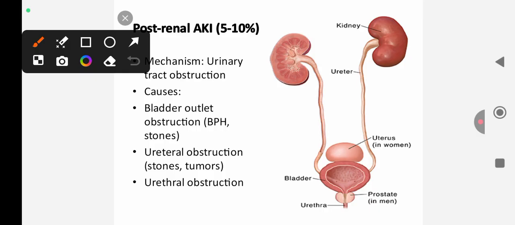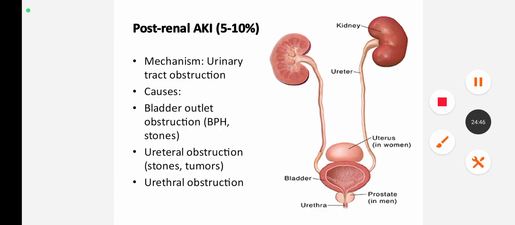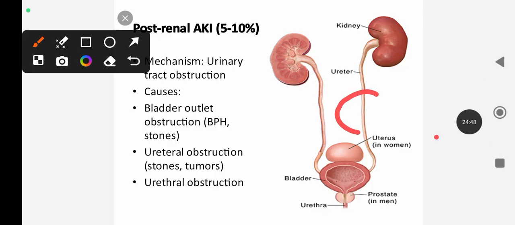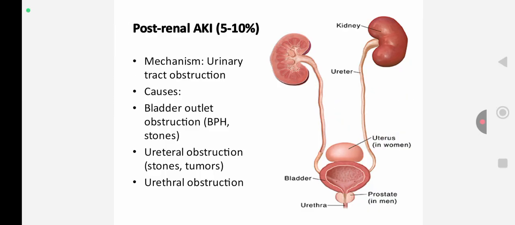Then stones too, urethral obstruction. If there is any obstruction here, whether it is a kidney stone or whatsoever, it causes reduced urine outflow. It reduces the urine that gets into the bladder.